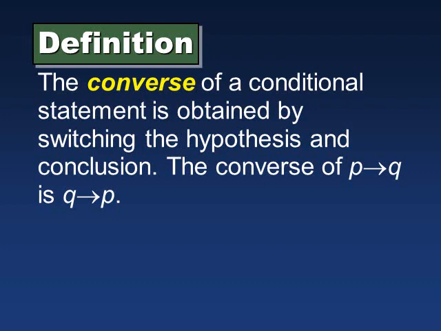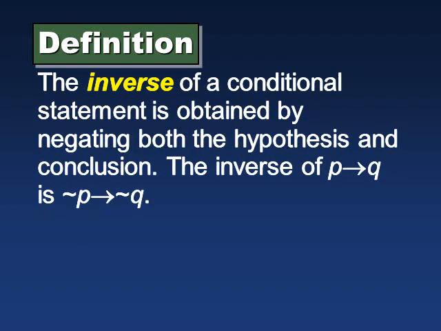Okay, we've got some more definitions. A converse of a conditional statement is obtained by switching the hypothesis and the conclusion. So if P then Q becomes if Q then P. The inverse is where you negate both the hypothesis and the conclusion.